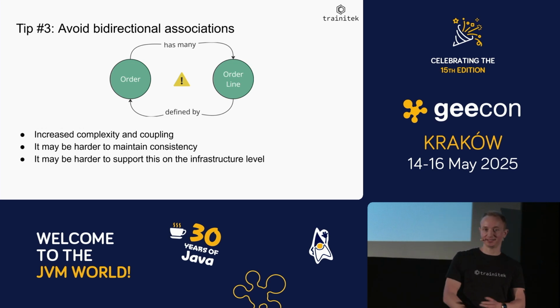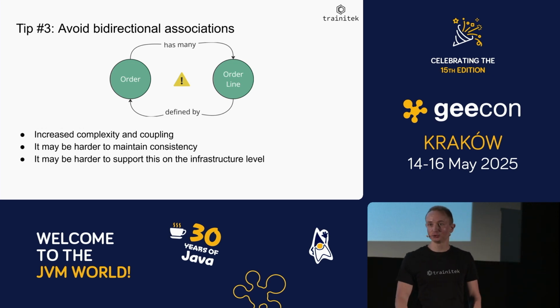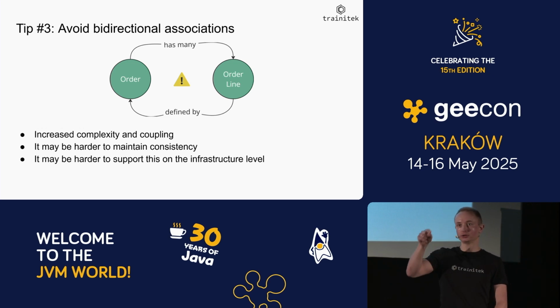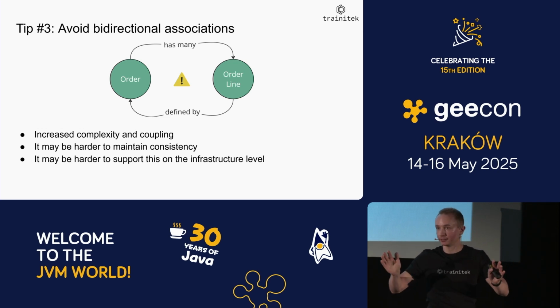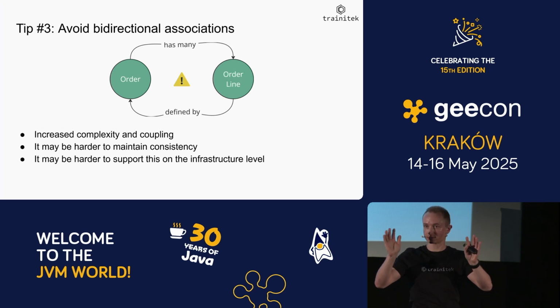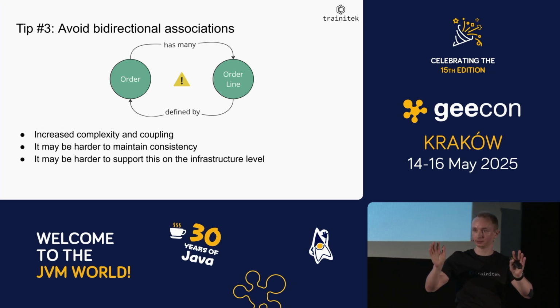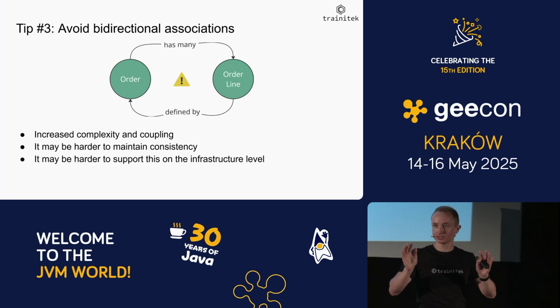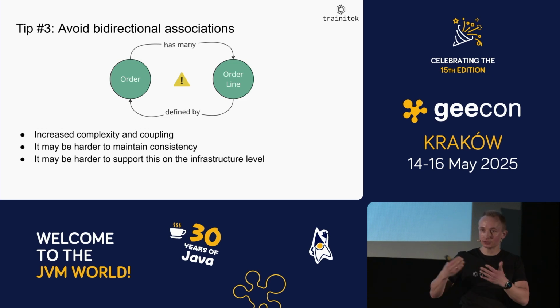It may be harder to maintain consistency because some business rules may look like: I go from order to order line, then back to order, then back to order line, and then back to order. Don't ask why. Developers always have a reason, right? You know that we always have a reason. So if we have a possibility, we'll use this opportunity, right?